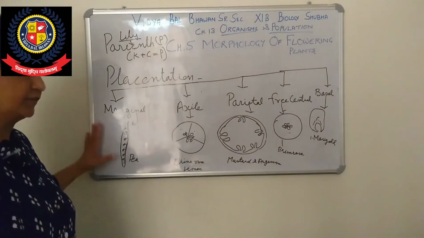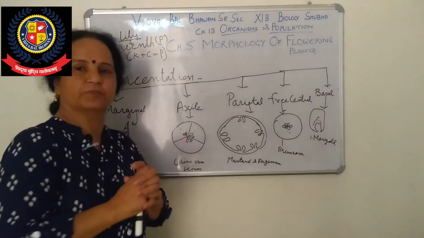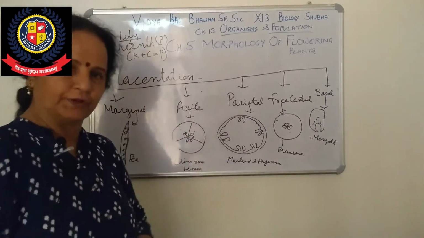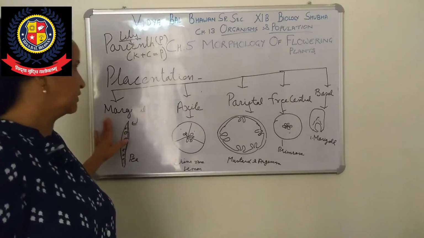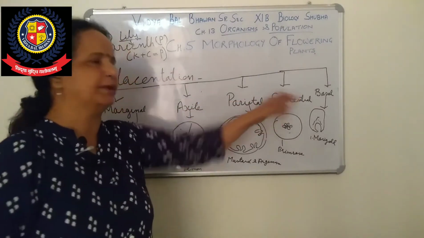So placentation is the arrangement of ovules through the placenta with the inner wall of the ovary, with different patterns: marginal, axile, parietal, free central and basal.